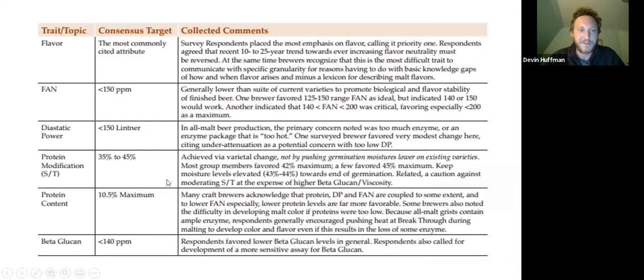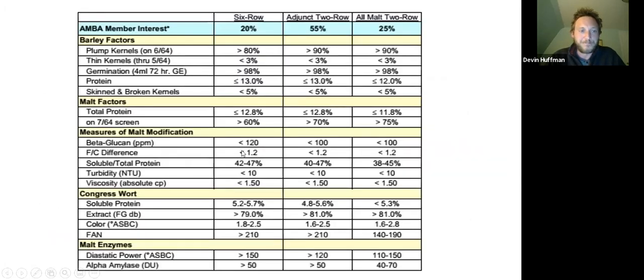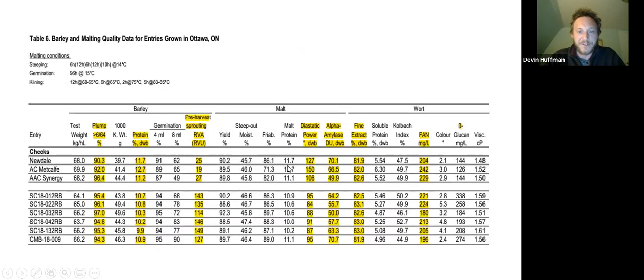So that's a big difference. It seems like a small percentage, but in terms of agronomics and yielding barley, a 2 or 3% protein difference is tremendous.